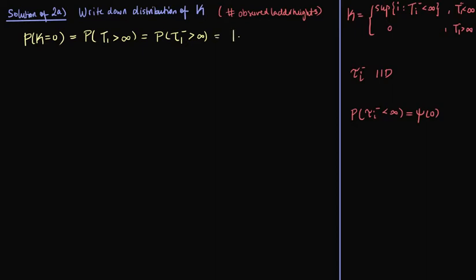And this is equal to 1 minus the probability that the first inter-ladder height time is finite, which is given by 1 minus the ruin probability if the initial capital were 0. Recall from the lecture notes that the ruin probability in the case that the initial capital is 0 is given by the arrival rate multiplied by the mean value of the claim size, divided by the premium rate.